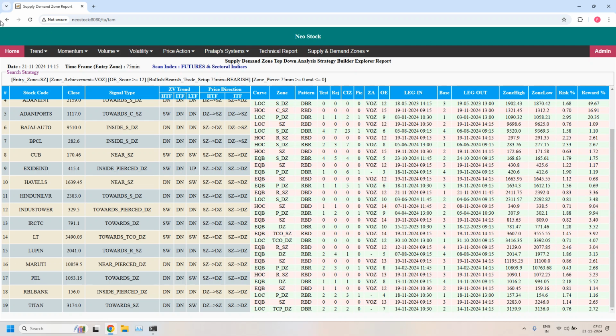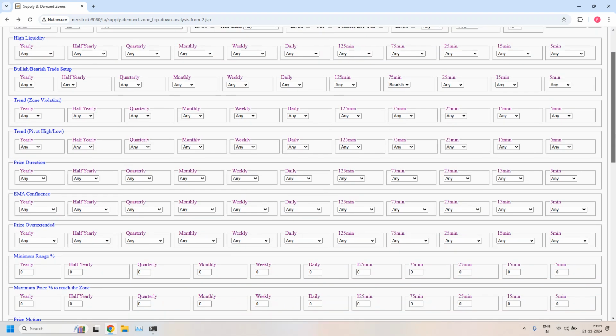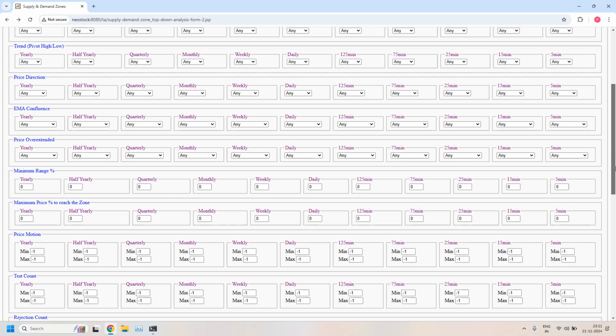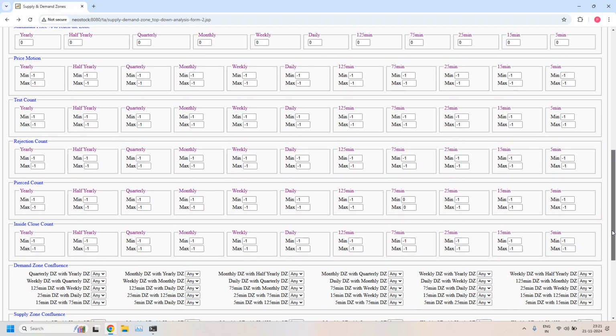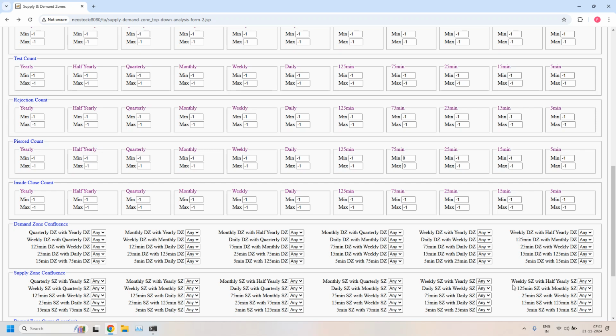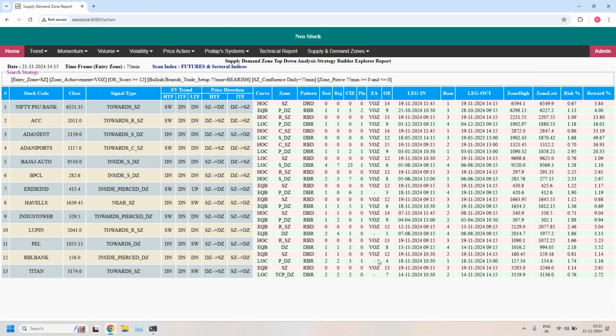First filter is LTF and ITF supply zone confluence, that is 75 minutes and daily supply zone confluence. I am setting the filter 75 minutes supply zone with daily supply zone confluence. With this filter, we got 13 stocks.